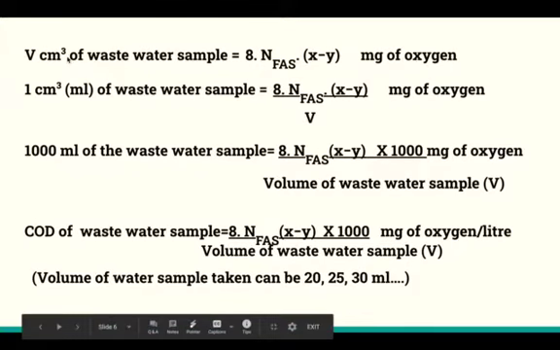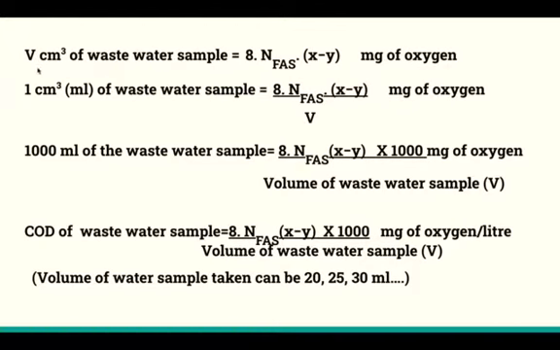Now we have taken V cm³ of wastewater sample. So V cm³ of wastewater sample is equal to 8 into normality of FAS into X minus Y milligram of oxygen. So for 1 cm³ or 1 ml of wastewater sample, it will be this divided by the volume of wastewater sample taken.